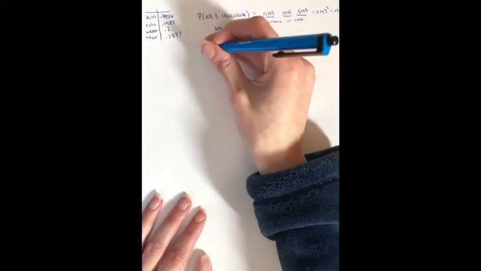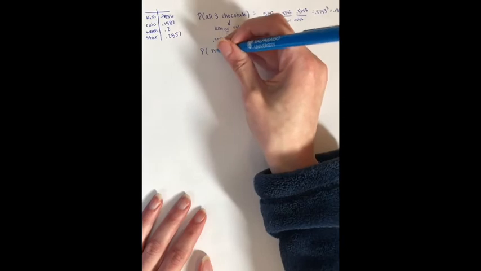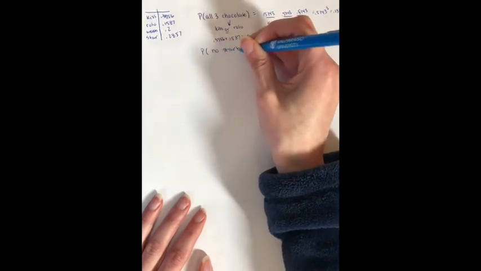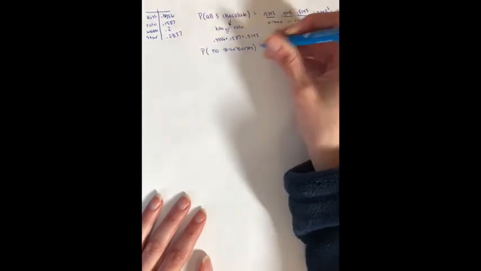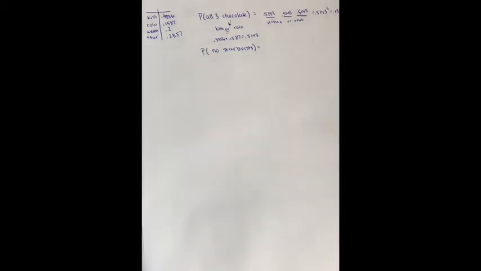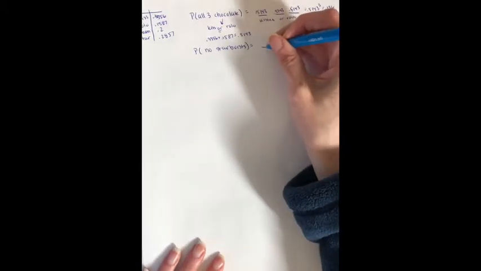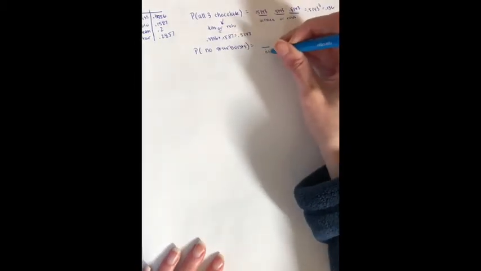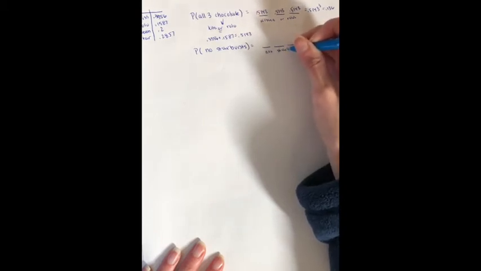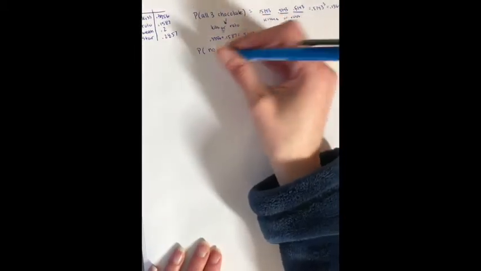You might ask yourself, what's the probability I don't get any Starbursts? Okay, I'm okay with anything else. I just don't really feel like Starburst. So I'm pulling 3 again, and I want not Starburst. If we remember, not Starburst is that complement rule. Starburst is 0.2857.